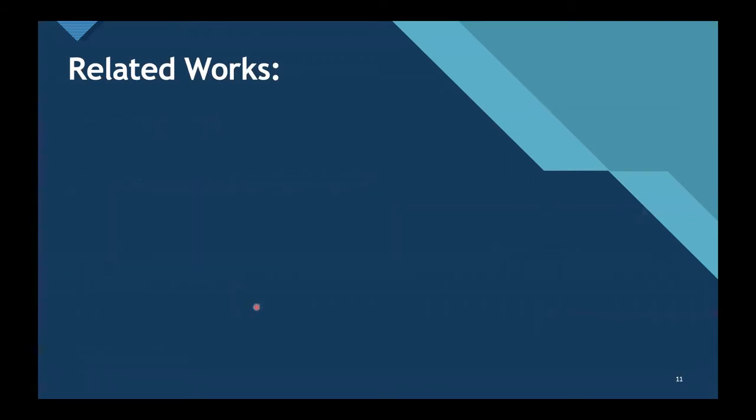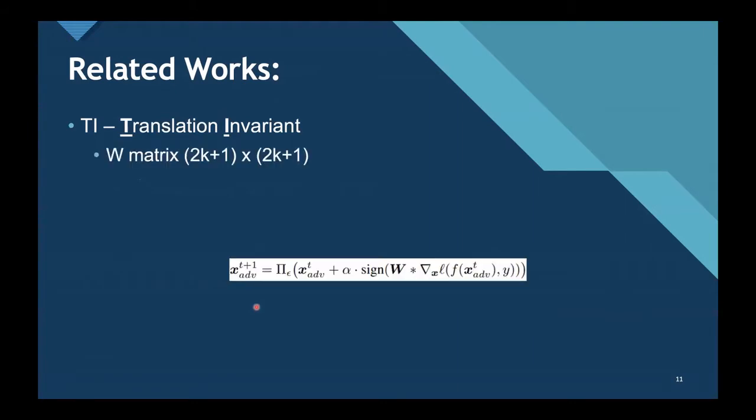And they also compare with the translation invariant method. This is new for us. This uses a matrix W. This matrix has dimensions 2k plus 1 by 2k plus 1, where k is the maximum number of pixels allowed to shift. And this W works as a convolutional kernel here.